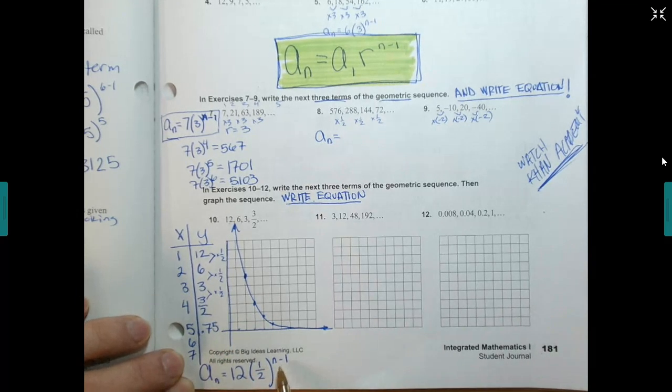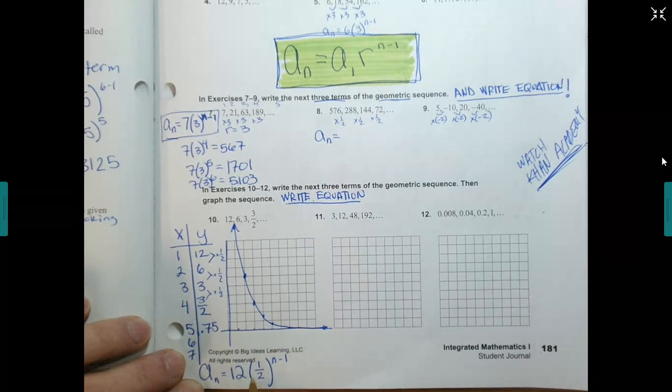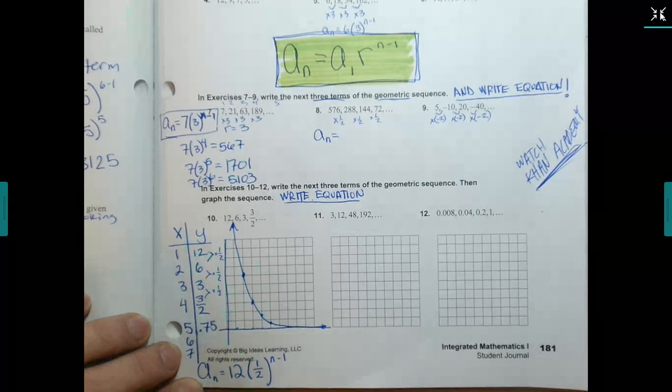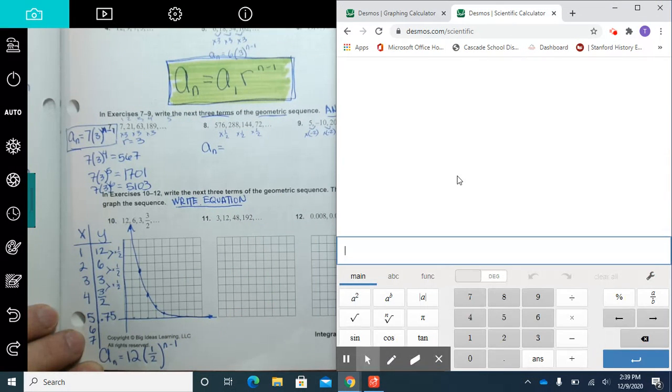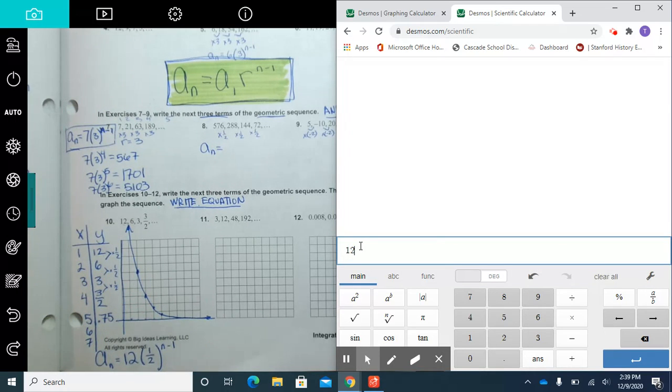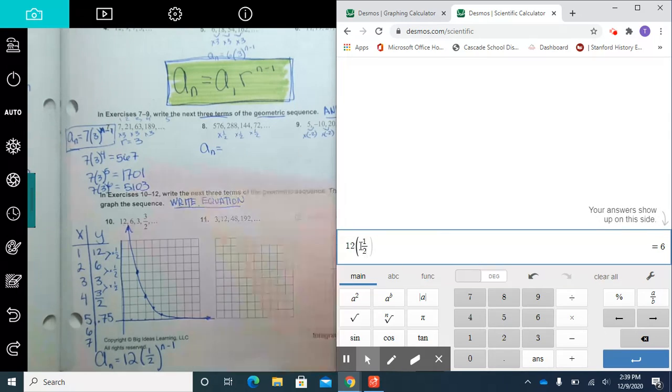So what I'll do is put this into my Desmos calculator. I put 12 times 1/2 to the x minus 1.